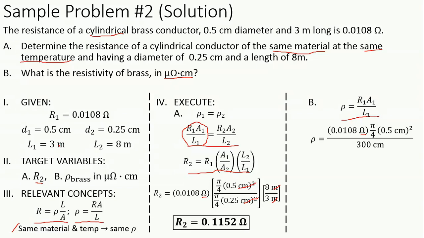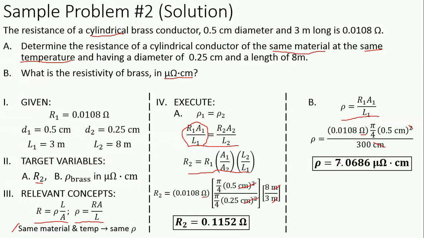The conversion is 1 meter equals 100 centimeters, so instead of 3 meters, we have 300 centimeters. Then we perform dimensional analysis, so cm here will cancel out, and we have ohm times cm. Typing this into the calculator, we have rho of 7.0686 micro ohm cm.